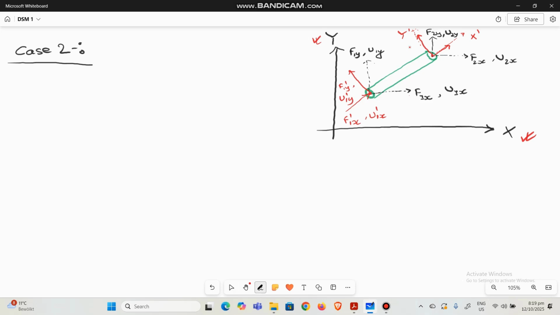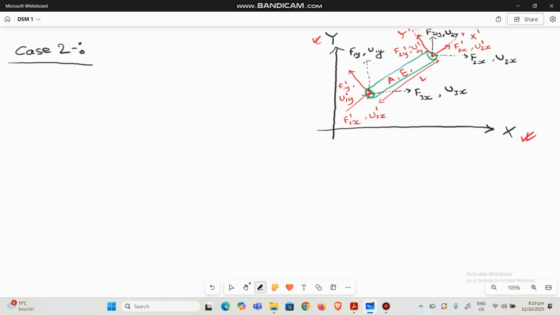Along the second node, you will have f2x local, u2x local. Along y, you will have f2y local, u2y local. And by the way, the area is A for this, and elasticity is E. Length along this direction obviously is L.